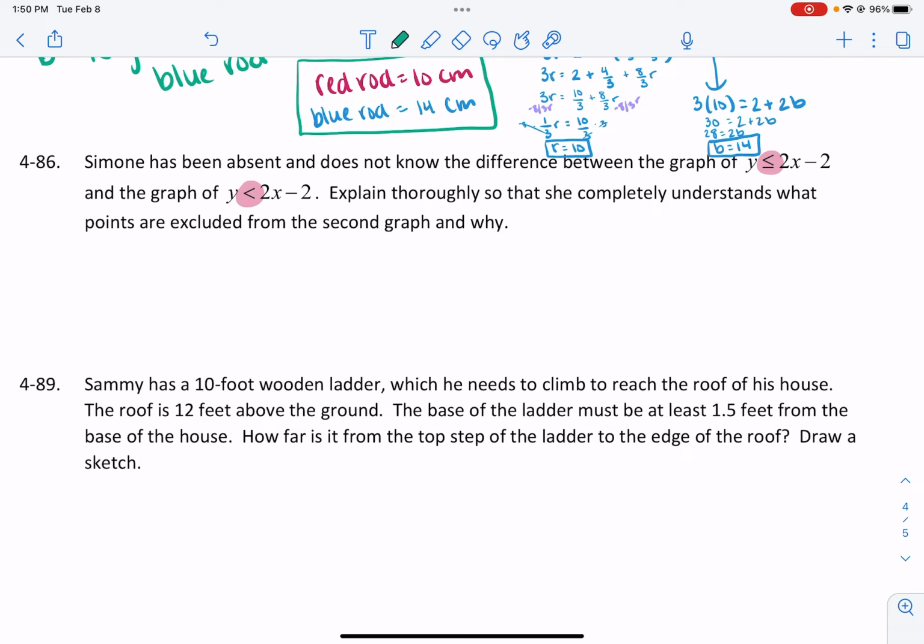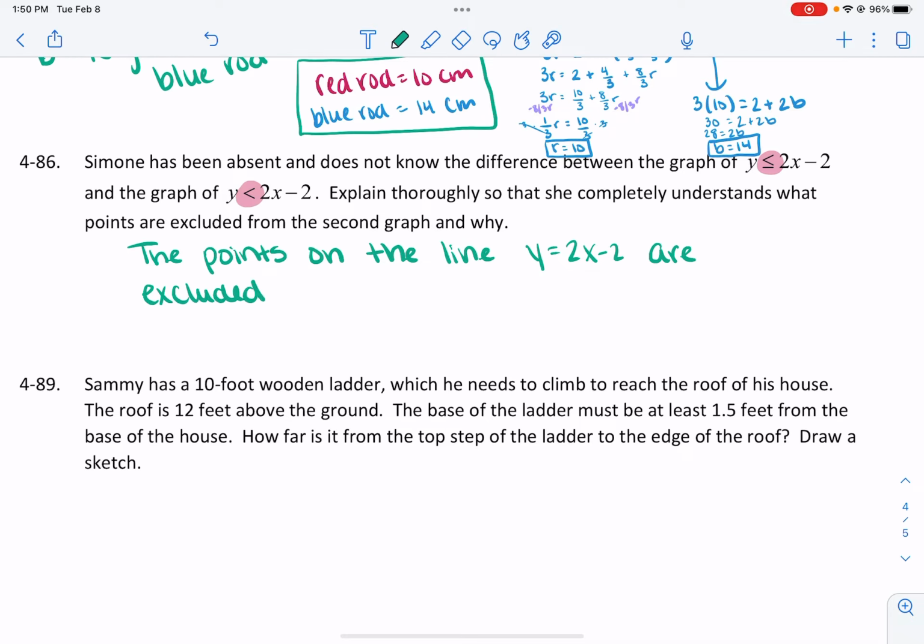Okay, so we're going to write the points on the line y equals 2x minus 2 are excluded from the solution region of y is less than 2x minus 2.